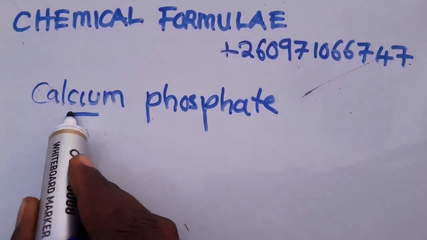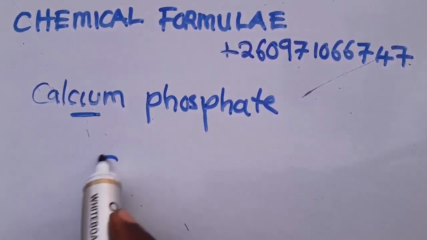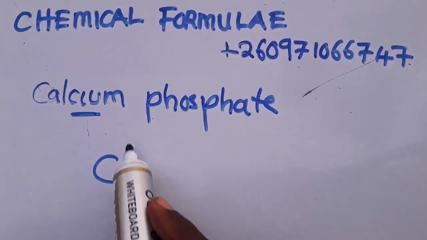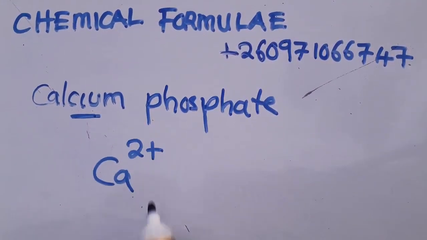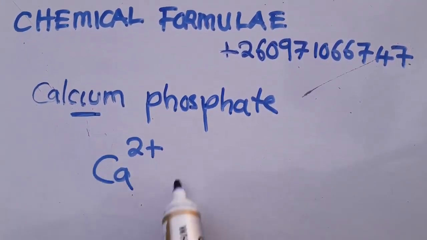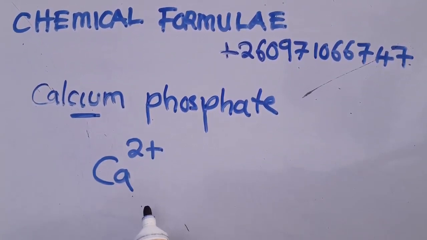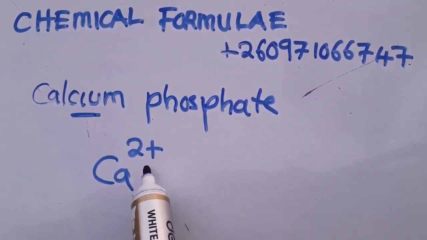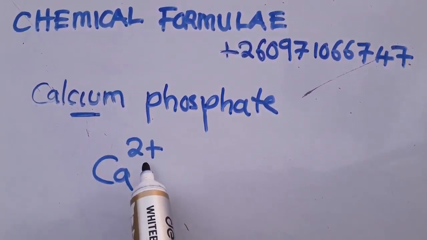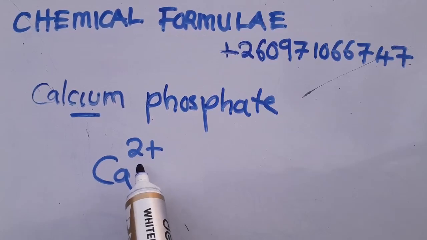You need to pick calcium. Calcium is written like this, with a 2 then a plus. I believe you know what this means. This is an ion for calcium, showing you that for calcium to be stable, it must lose 2 electrons. That's why this one is in group 2.